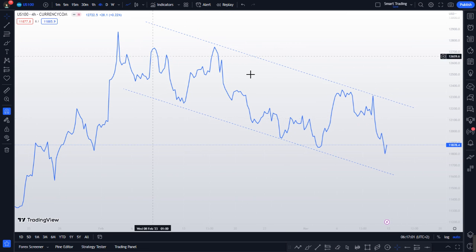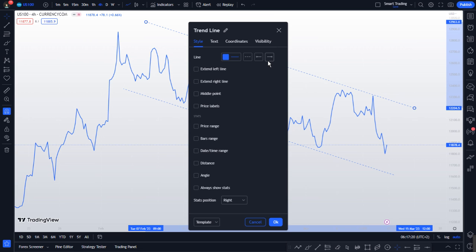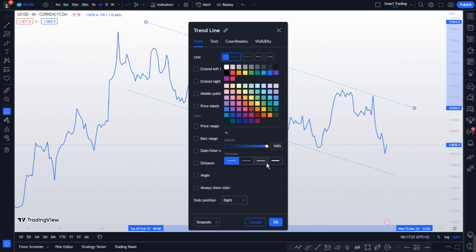So basically, guys, as you can see, we have our diagonal support and also our diagonal resistance, right? These things are not just trend lines. This trend line on top here represents a resistance, right? This trend line at the bottom represents our support, right?